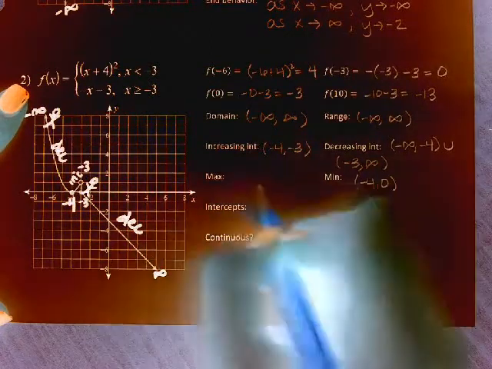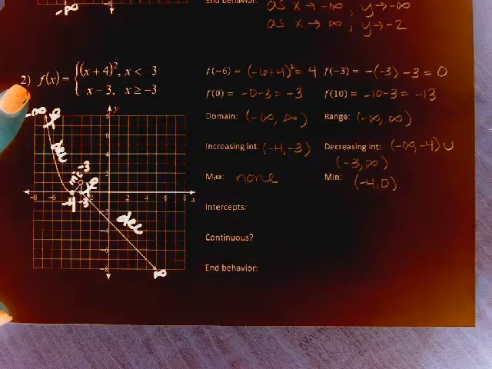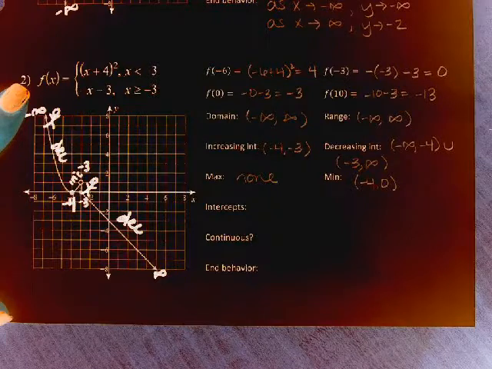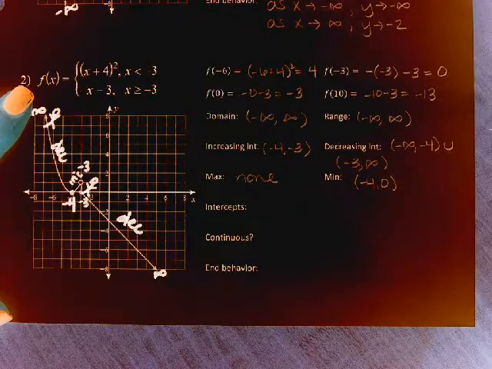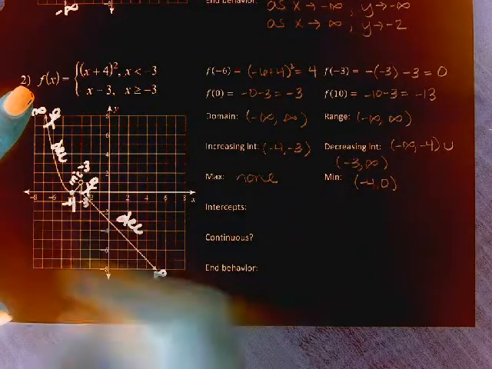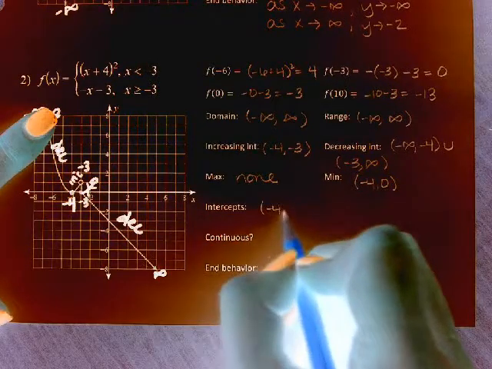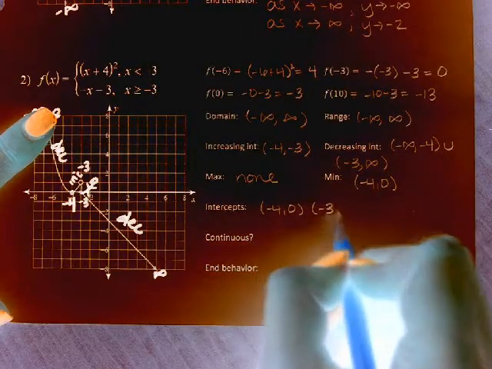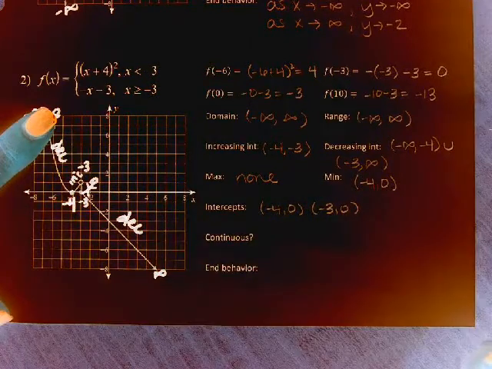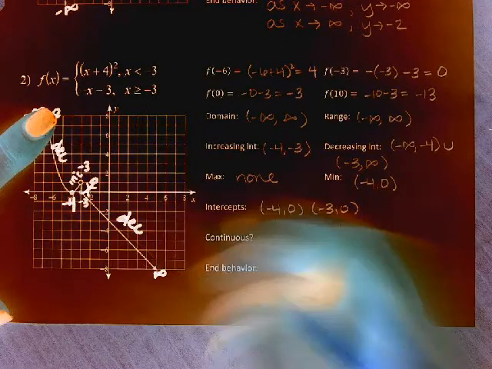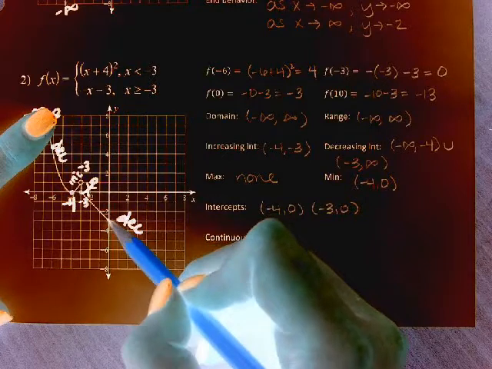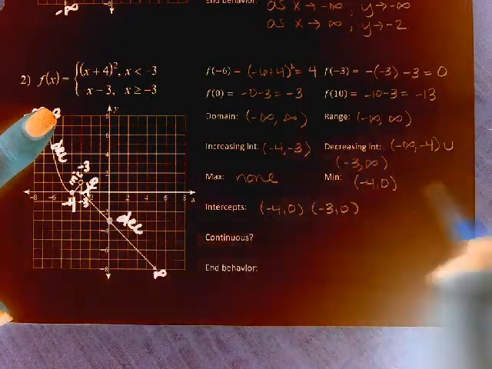Nope, none. Are there any x or y intercepts? Yes. What are the x intercepts? -4, 0, -3, 0. What about y intercepts? Zero, -3, right down there.